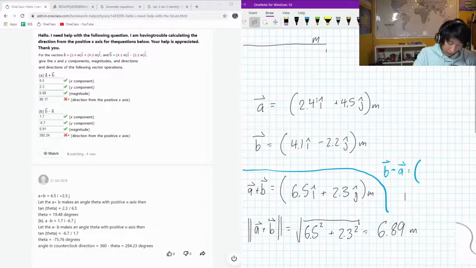The i component minus the i component, so 4.1 minus 2.4 is 1.7 in the i direction, and in the j direction we have negative 2.2 minus 4.5. That's going to be negative 6.7. Yeah, exactly.